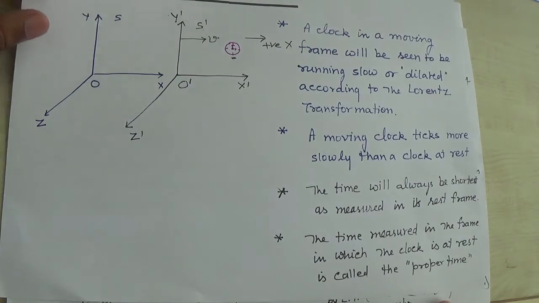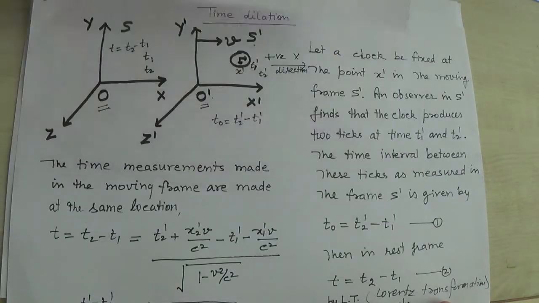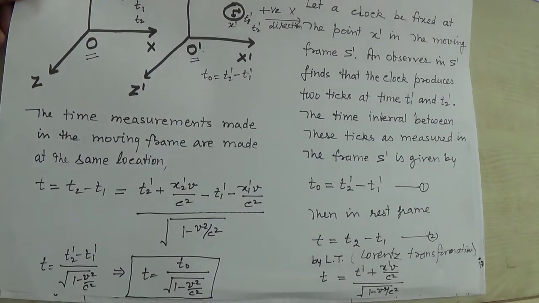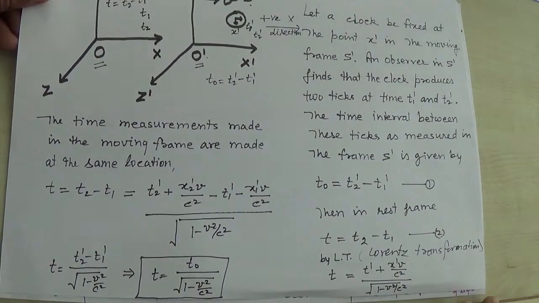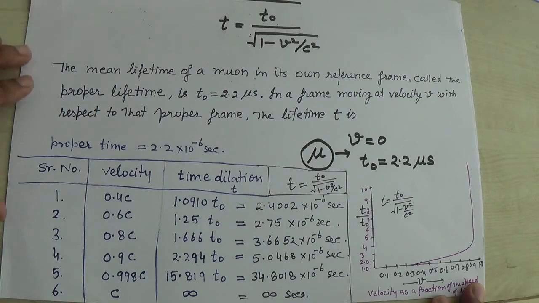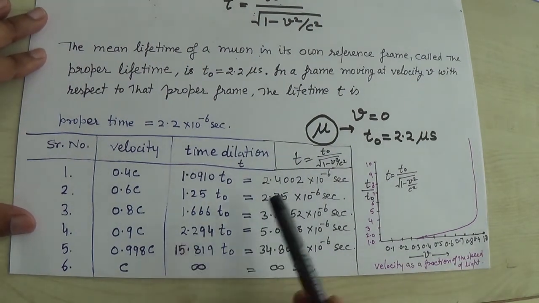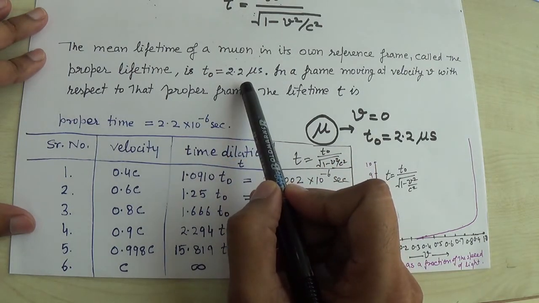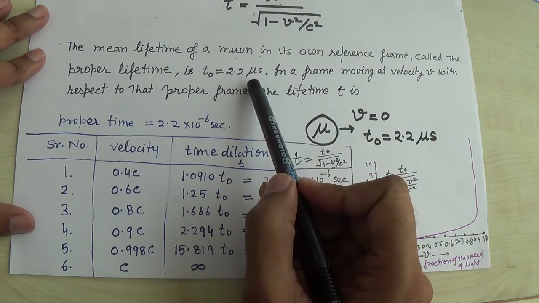One can show all these things with the help of time dilation. So here we have shown the derivation and its concept, and then the conclusion on the basis of that formula by using the muon example, where we know the lifetime.